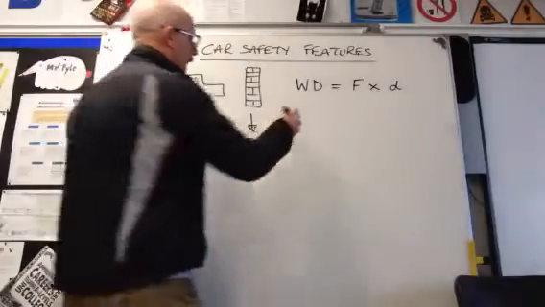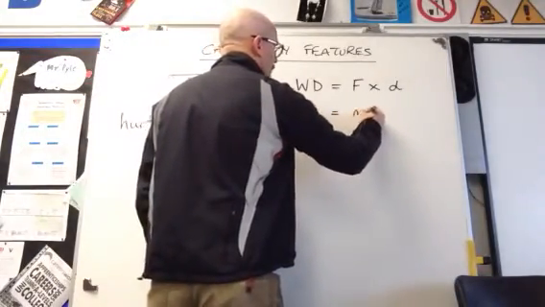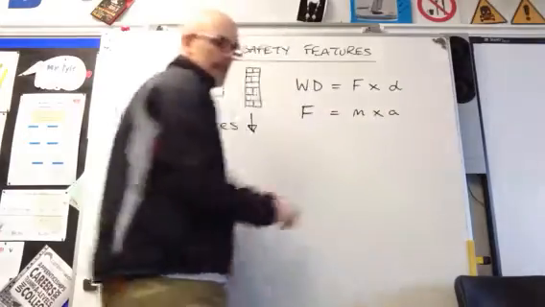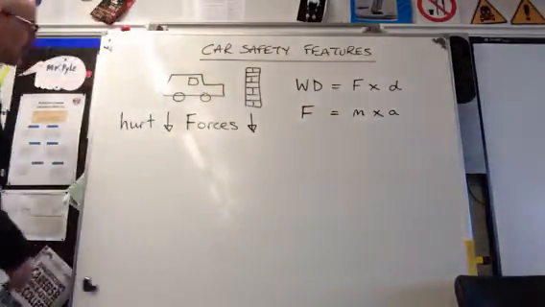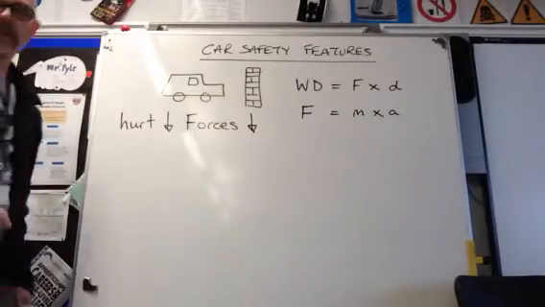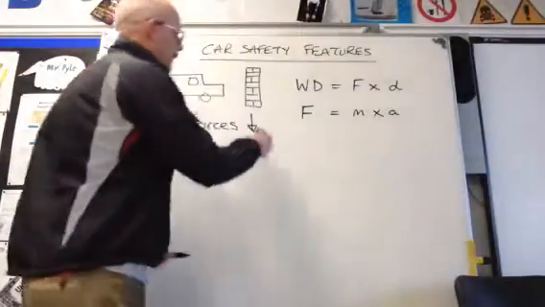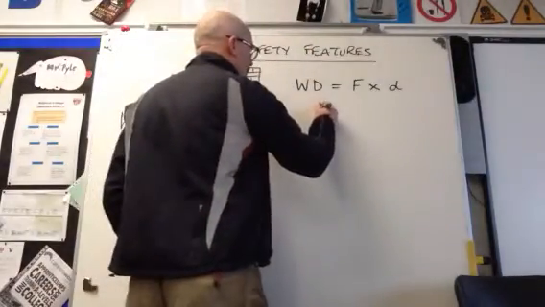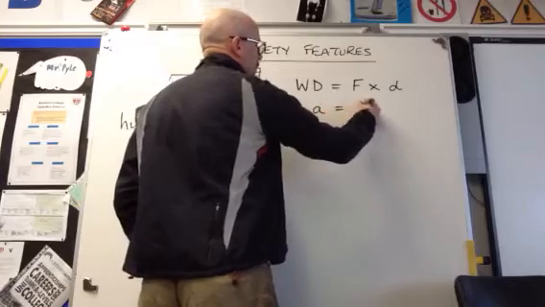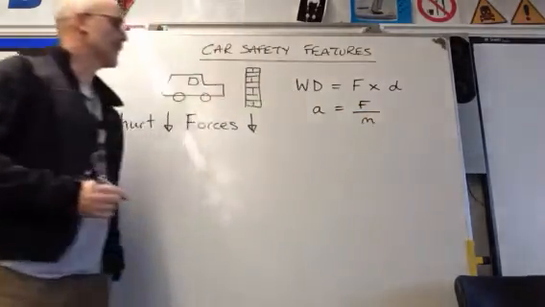And another one would be F equals M times A. Now, interestingly, on your formula sheet, you wouldn't find that written like that. It would be written like this: acceleration equals force divided by mass.